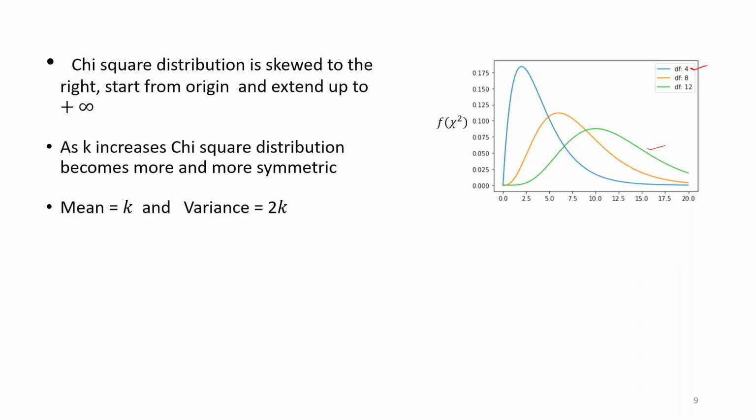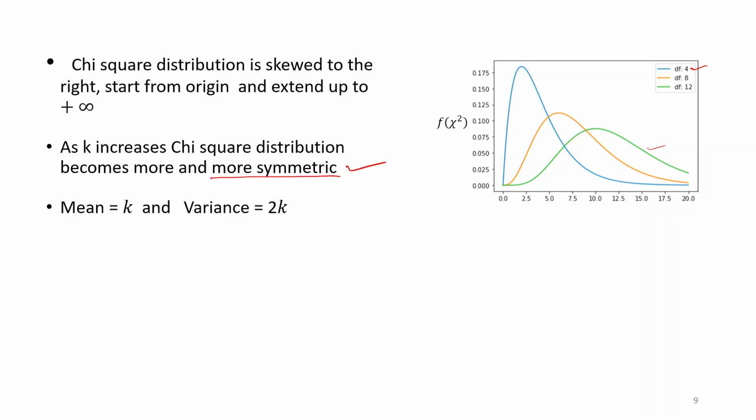The degree of freedom 8 for the orange one, the degree of freedom 12 for the green one. So we see that the skewness is decreasing as degree of freedom is increased. So as degree of freedom increases, the chi-square distribution becomes more and more symmetric.